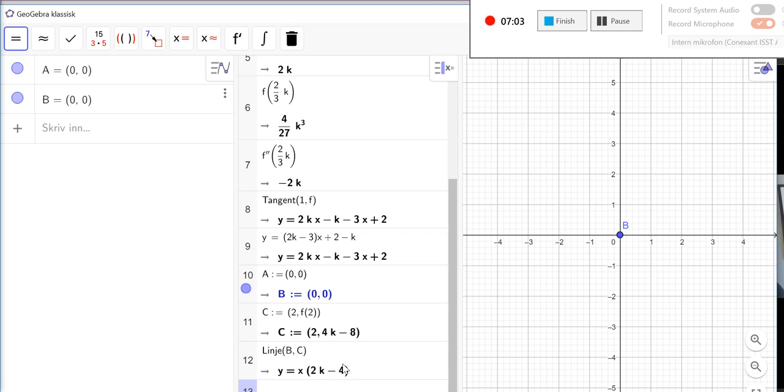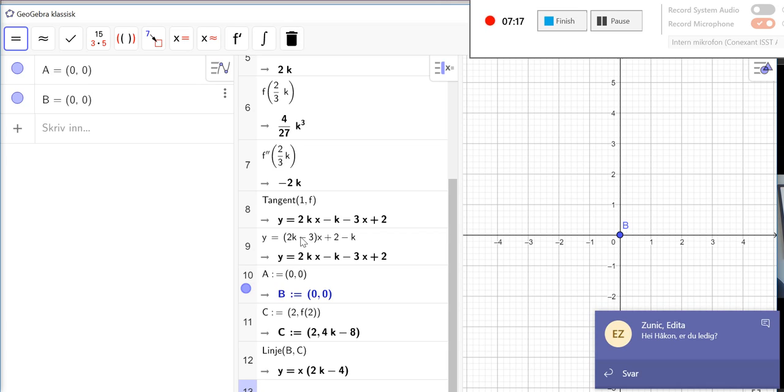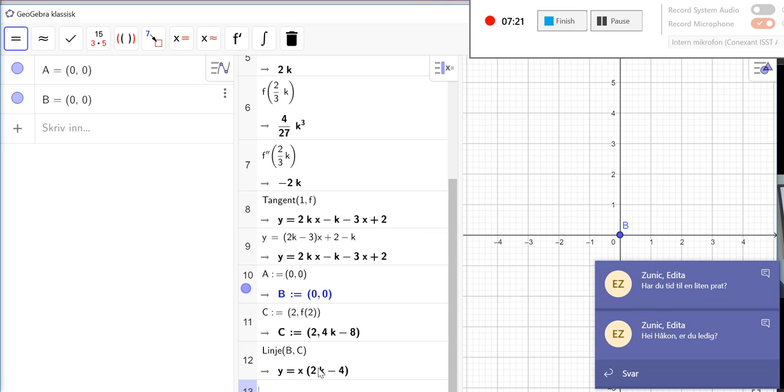And of course, this 2k minus 4 is less than 2k minus 3, no matter what k is. So this shows that the instantaneous rate of change is larger than this. Okay. So that was the answer. Really difficult exercise 5.154.